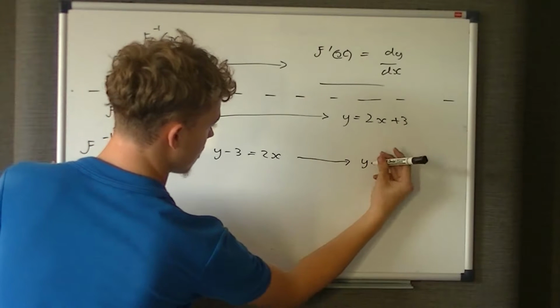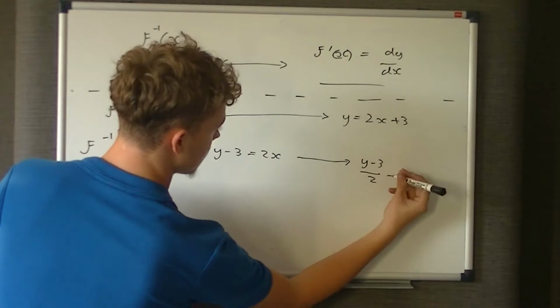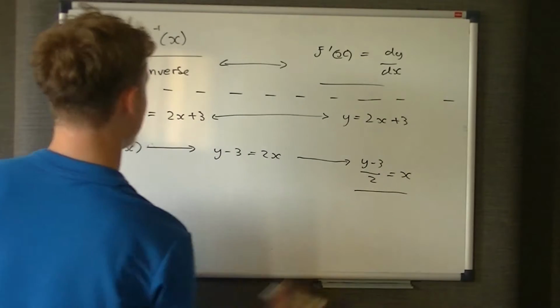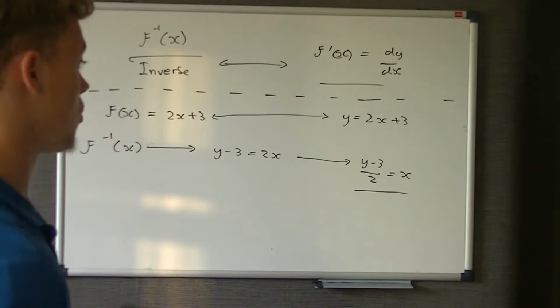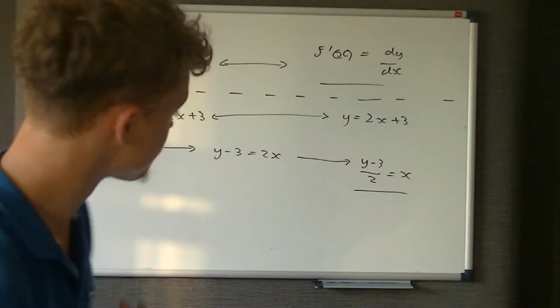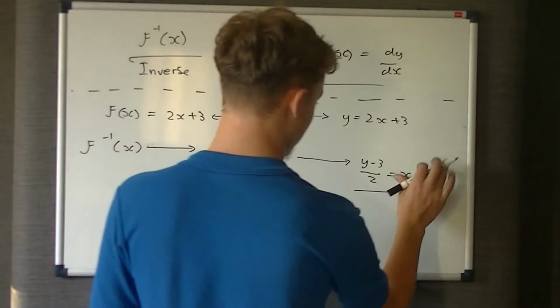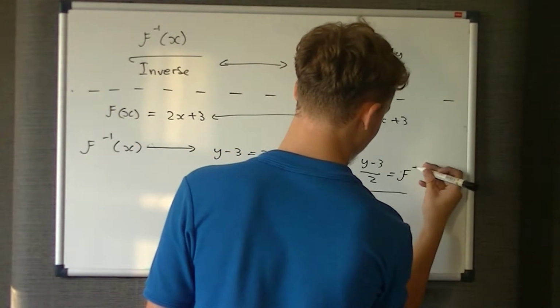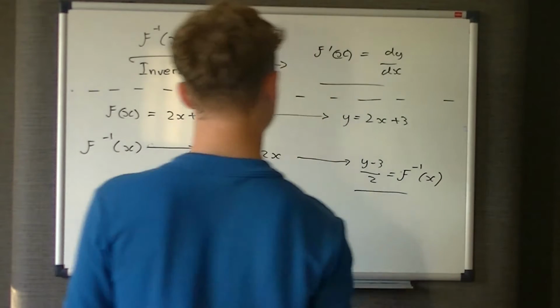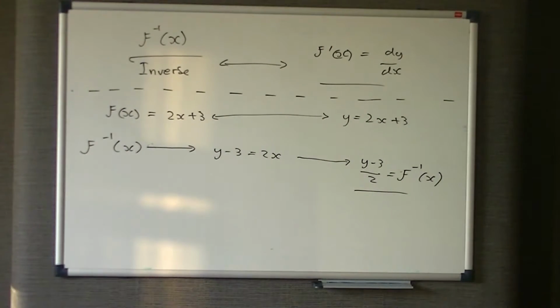So that'd be y take 3 over 2 equals x, and that'd be the inverse of 2x plus 3 is y take 3 over 2. So instead of saying x, you can say that's f to the minus 1 of x. So that's the inverse function.